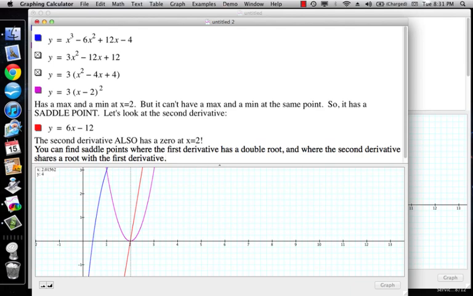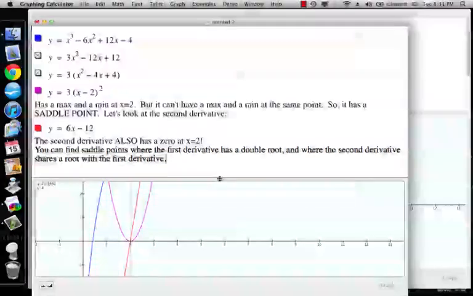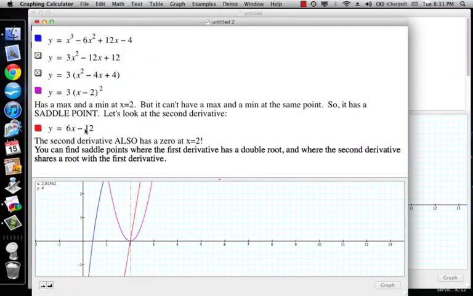Okay, you can find saddle points where the first derivative has a double root and where the second derivative shares a root with the first derivative. Here, the second derivative has a root at x equals 2, and the first derivative has a root at x equals 2 twice. X equals 2 solves this, but it's like twice.